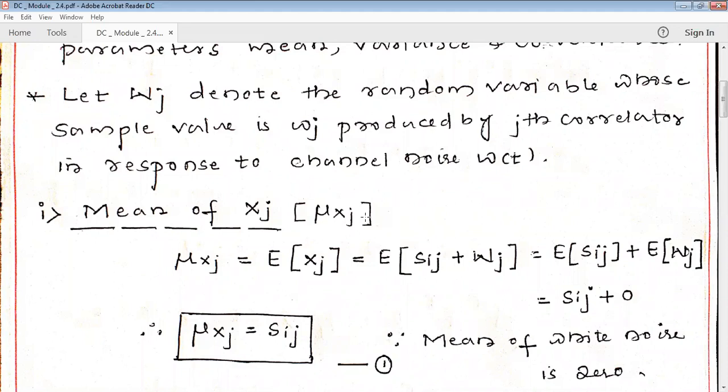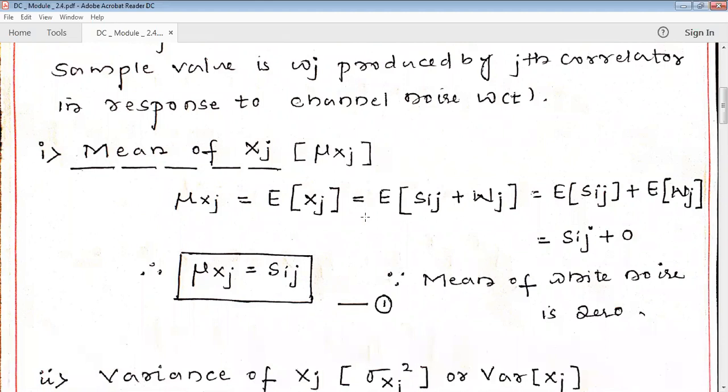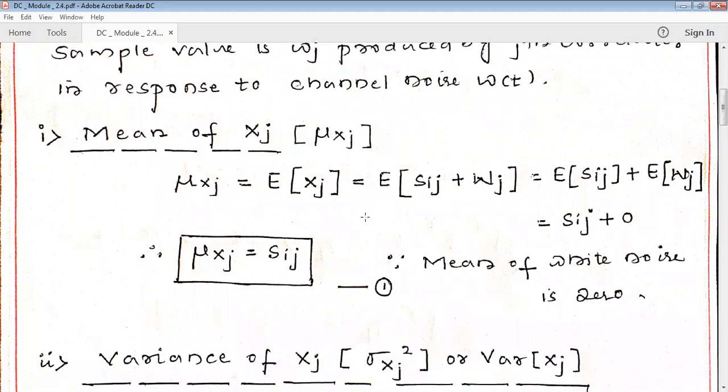The first one is the mean. So here we'll discuss what is the mean of the random variable Xj. Mathematically, the mean of any random variable Xj is defined in terms of its expected value, that is the expectation of Xj.